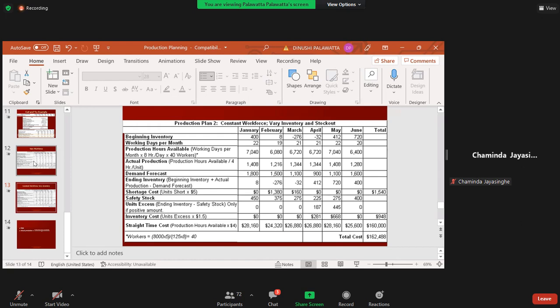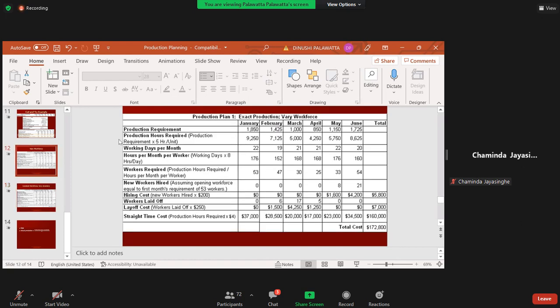You may have this question, about this first part: hiring cost, layoff cost, workers required. Layoff cost is there, hiring cost is there for new workers hired.